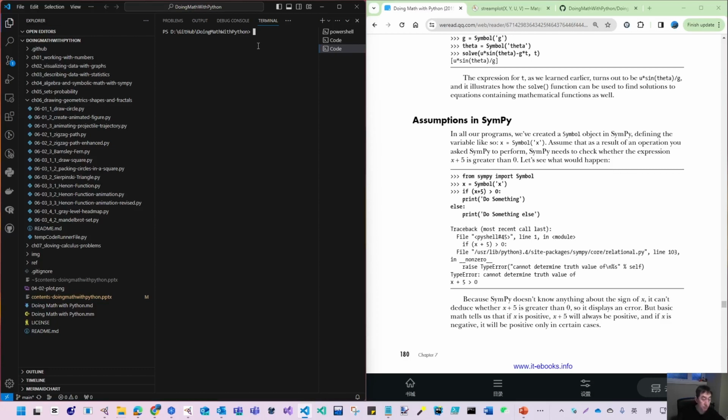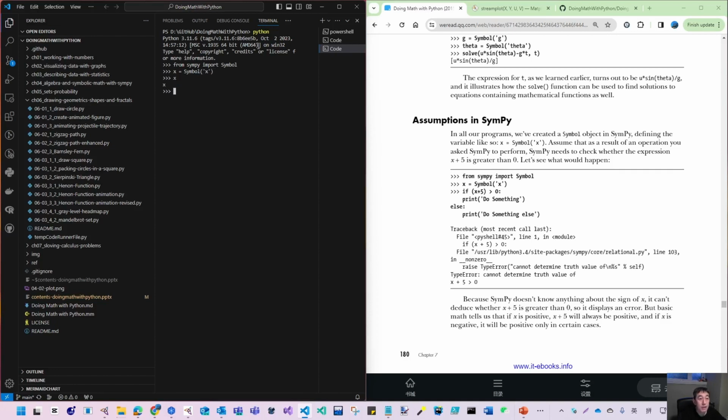So let's use our Python directly. From scratch, from SymPy import Symbol. We only have a single symbol, so just use this capitalized Symbol, and we define x as the symbol with single quotes.